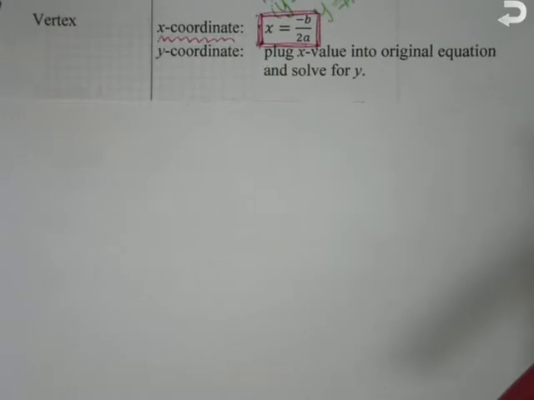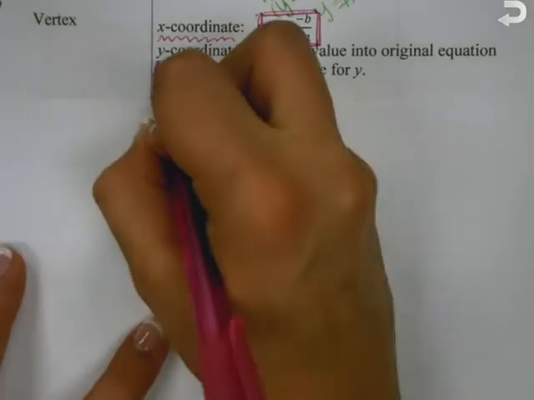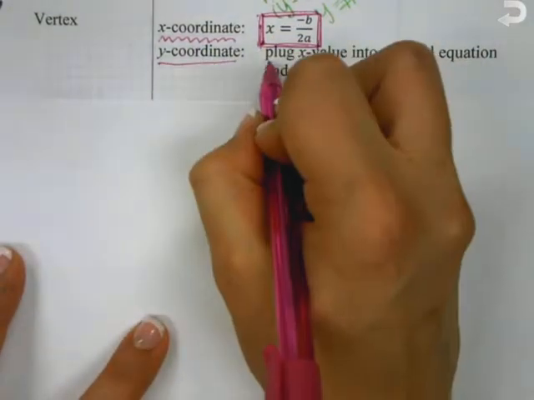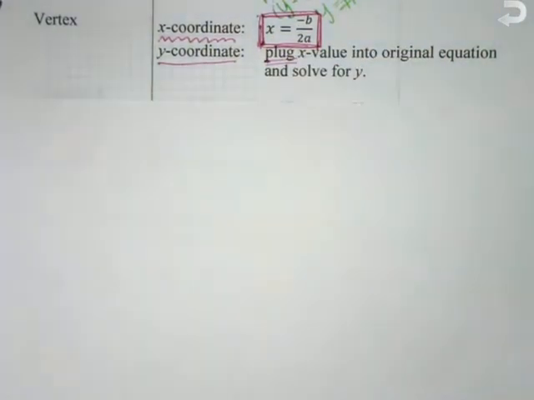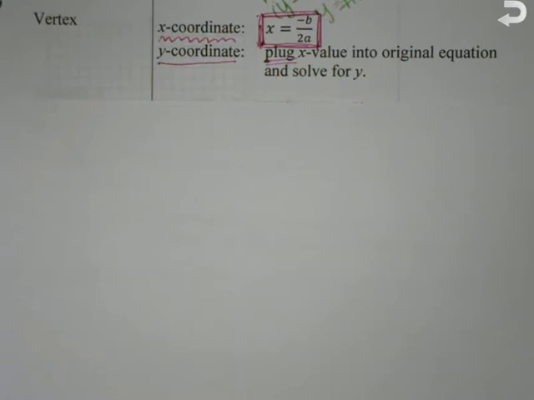So we solve that one, and we get an x value. After I have an x value, I can find the y-coordinate by just plugging it in. So after you use the formula to find the x value, you can plug it into the equation and solve for y. And that will give us the point of the vertex.